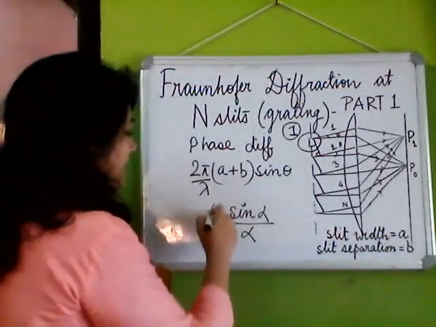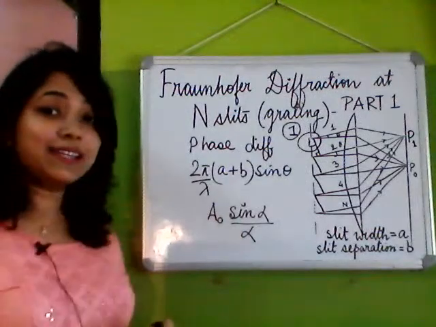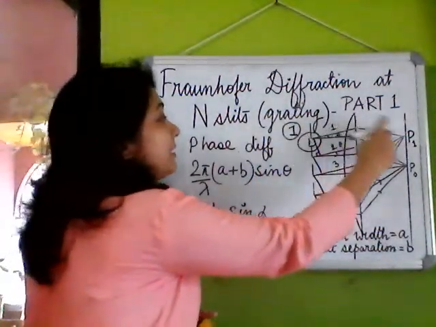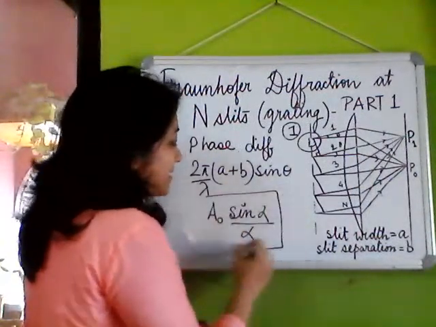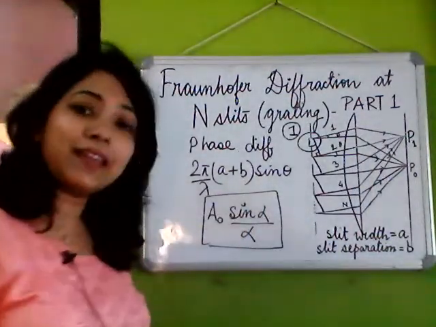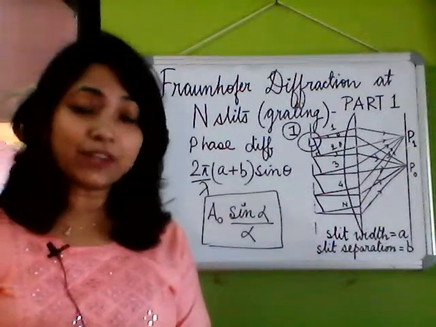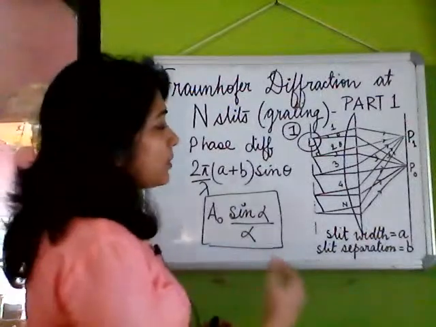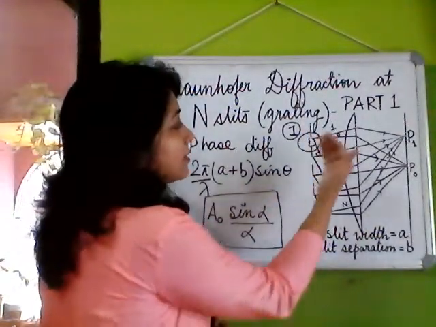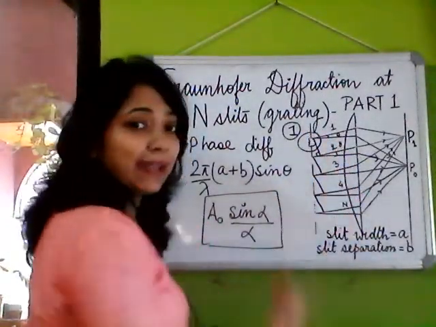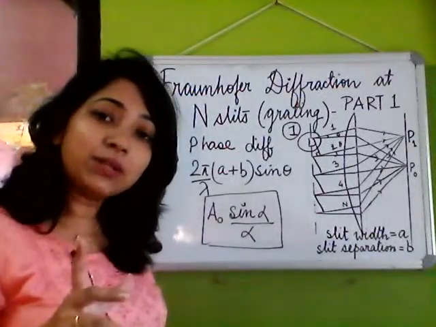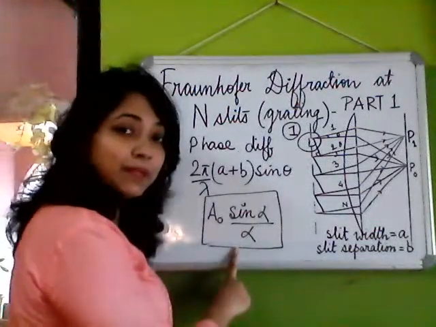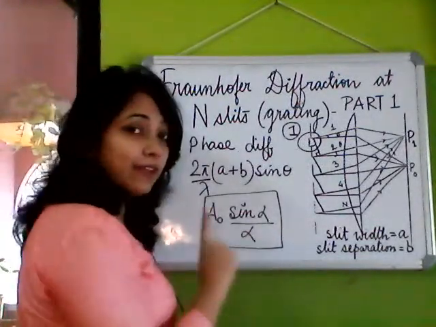All these sources: source number 1 has this wave with the amplitude A0 sin alpha by alpha, which we can get from the calculation of single slit. So individually, for slit number 2, 3, 4 and n, all these individual waves are coming with the same amplitude A0 sin alpha by alpha.